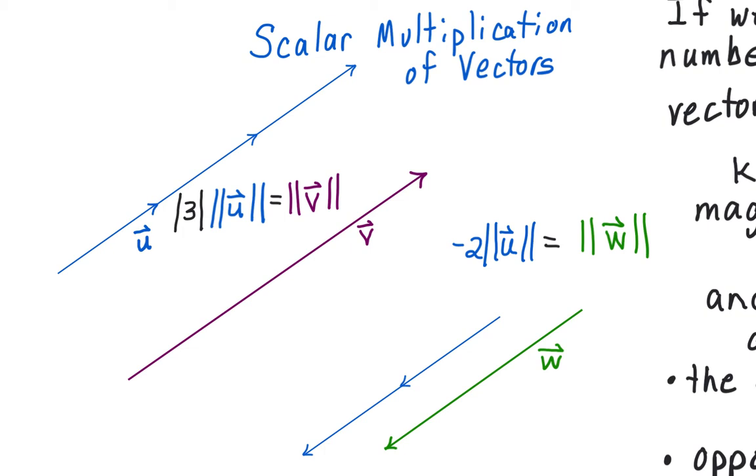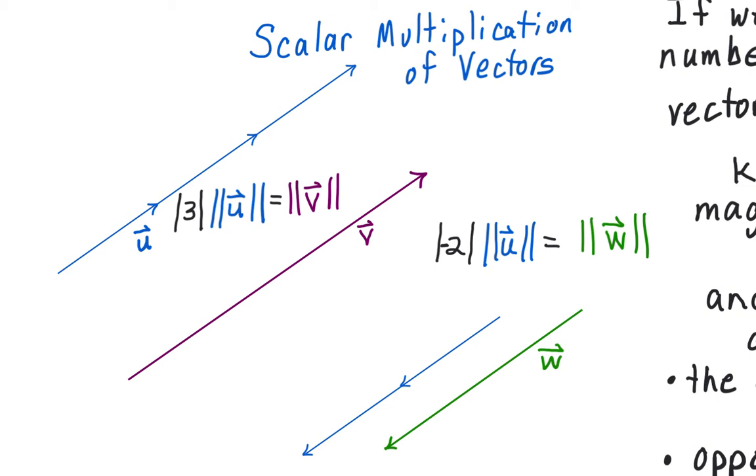Likewise, over here, where I was dealing with vectors u and w, and I multiplied vector u by -2, the magnitude of vector w would be the absolute value of -2, which is +2, times the magnitude of vector u. So yes, the magnitude of w has the same value as it had before.